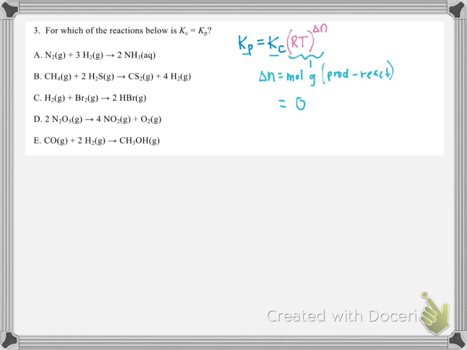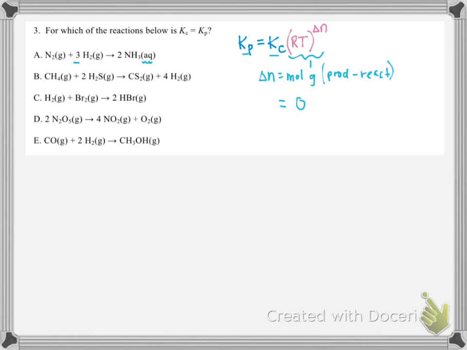So I'm going to go through and figure out the delta n for each reaction. In the first one we have 1, 3, so 4 moles of gas in the reactants, and we go down to 0 moles of gas in the product. So we have to be really careful with looking at our phases.